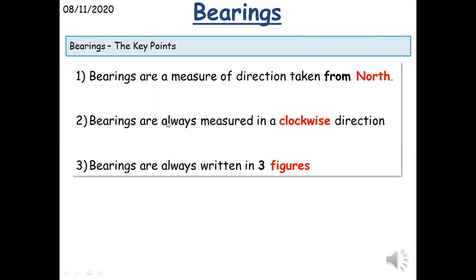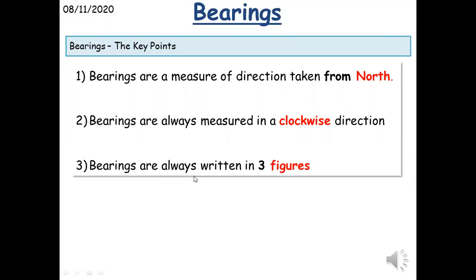Secondly, bearings are always measured in a clockwise direction, not anti-clockwise, always clockwise. Third of all, bearings are always written in three figures. If we memorize these three golden rules, we will never have a problem with bearings.